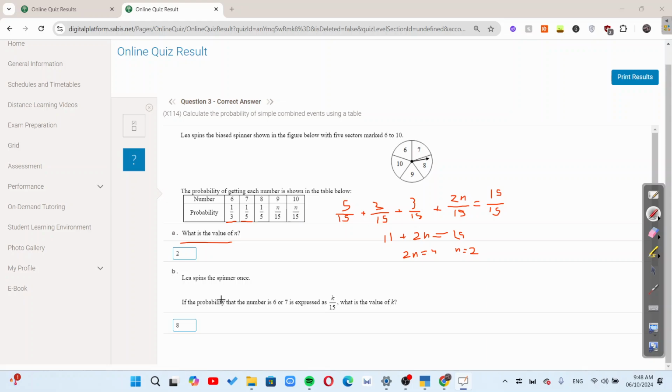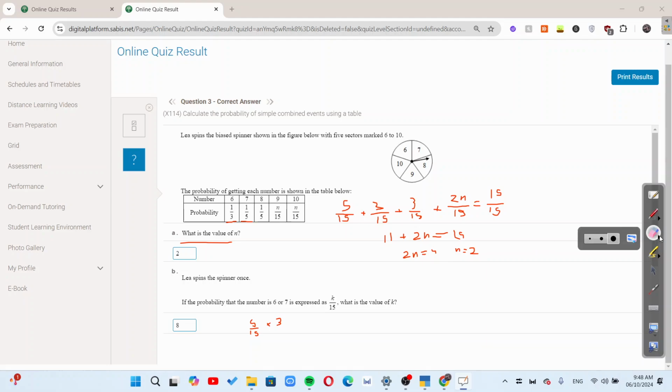Now Lee spins the spinner once. The probability of him getting 6 or 7 is the probability of 6 plus the probability of 7. So this is 5 over 15 plus 3 over 15. Wait, it's or, sorry.